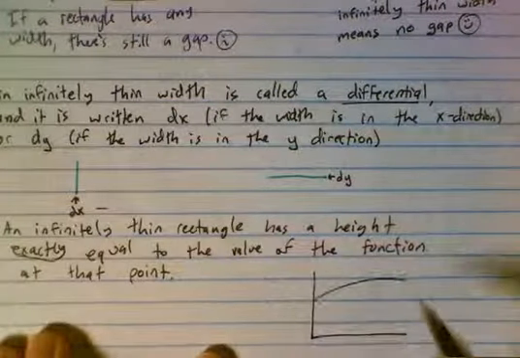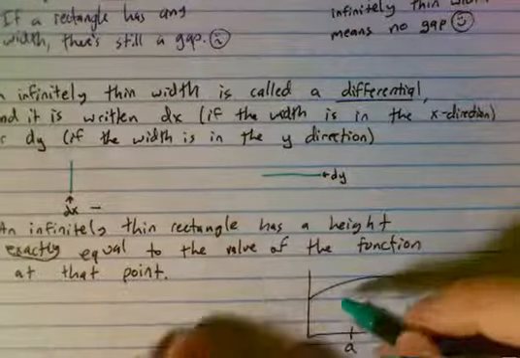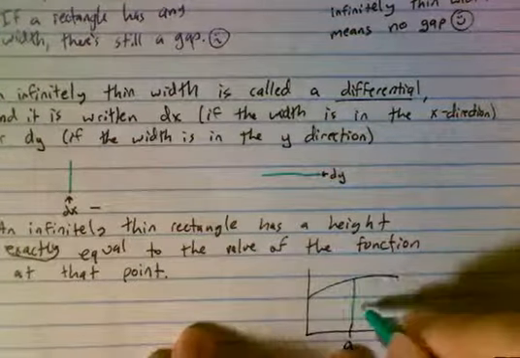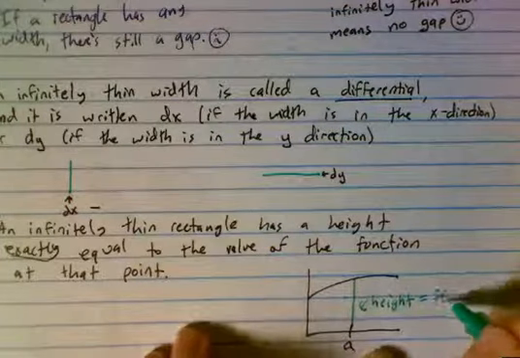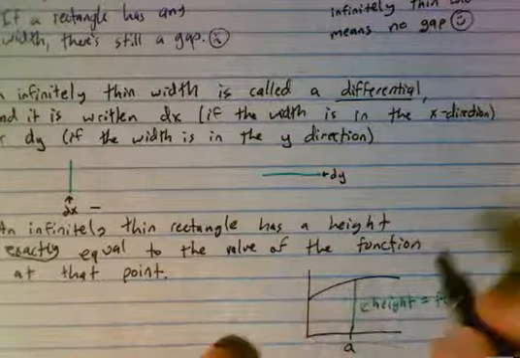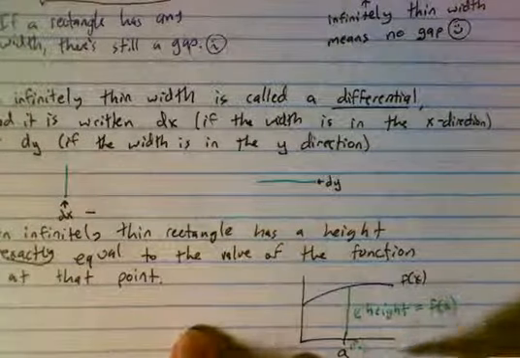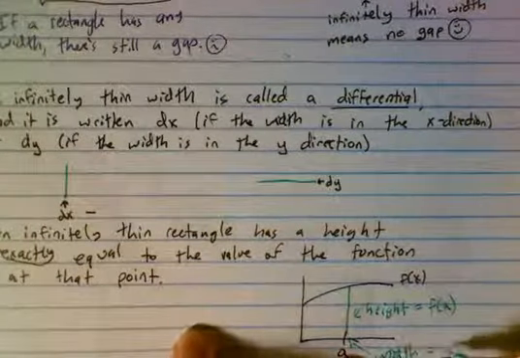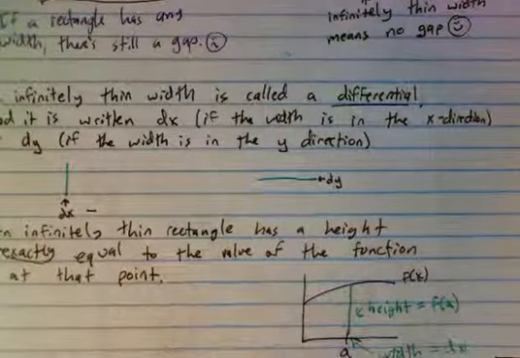If this is our function, when x equals a and we draw our infinitely thin rectangle, the height is the value of the function at a. We're going to assume this is f of x. And then the width is dx because the width is going in this x direction.